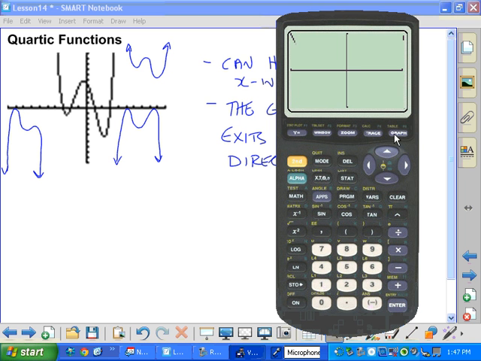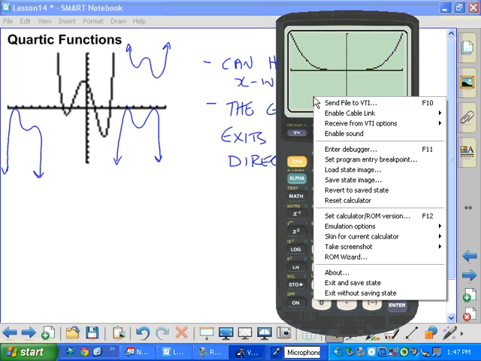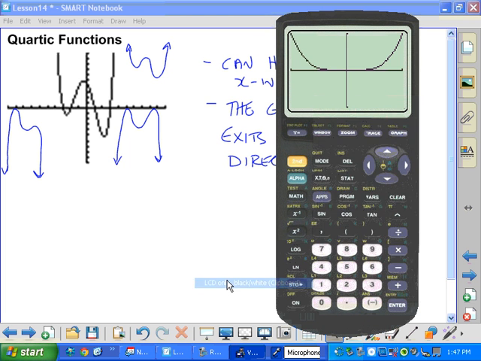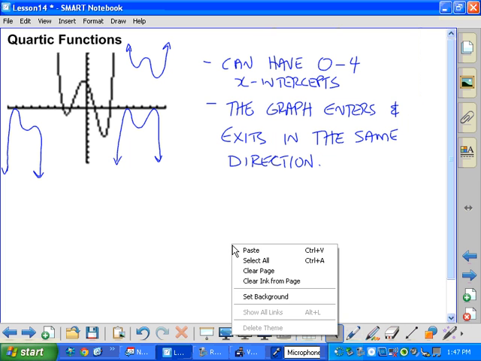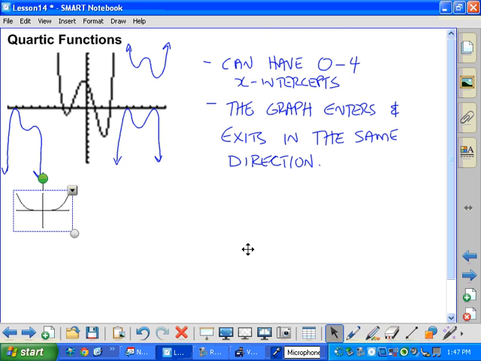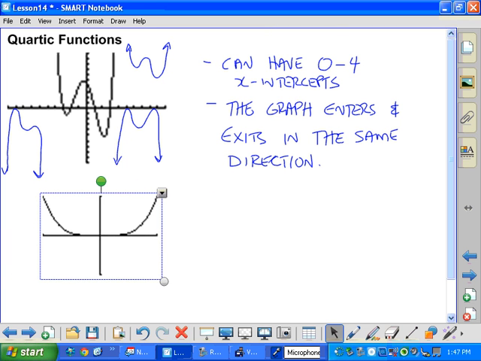We hit graph. Now, if you were given this on a test and I said, tell me what type of function is it, you would have a very difficult time telling me the difference between this being a parabola, and that's what I would think most people would answer, but this is actually a quartic. So the shapes start to repeat themselves.